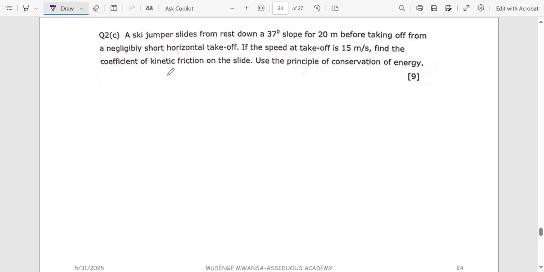Find the coefficient of kinetic friction on the slide. Use the principle of conservation of energy. If you can't interpret these questions, it will be very hard for you to answer. So first thing first, be able to interpret what they are asking.